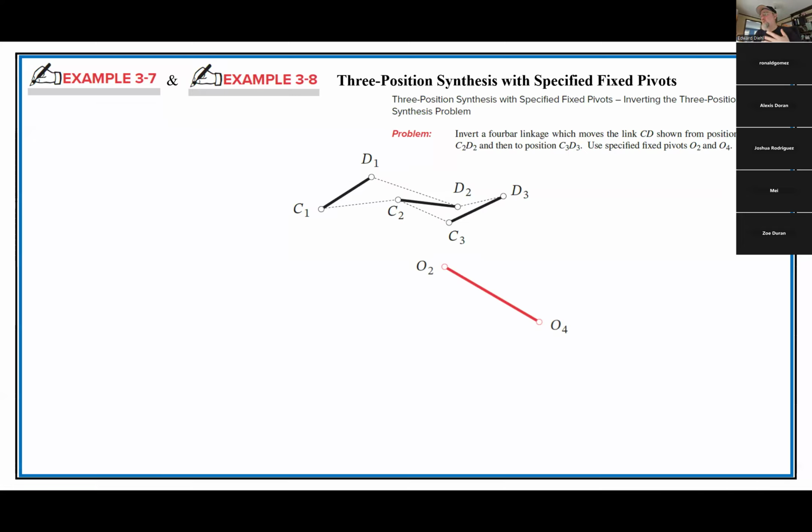Well, how do you do that? You use an inversion and then an inversion of the inversion. I know that sounds a little weird, but let's just take it on faith that it can be done. The first thing is, okay, what if we picked these two points?